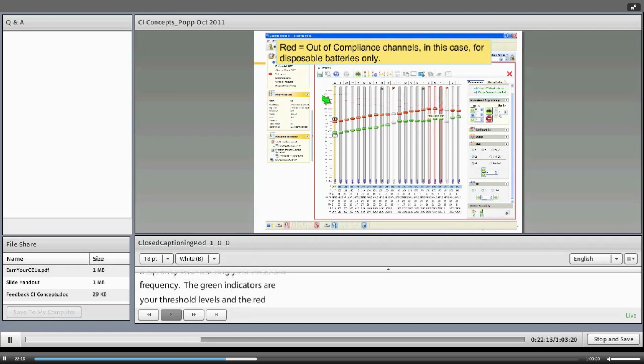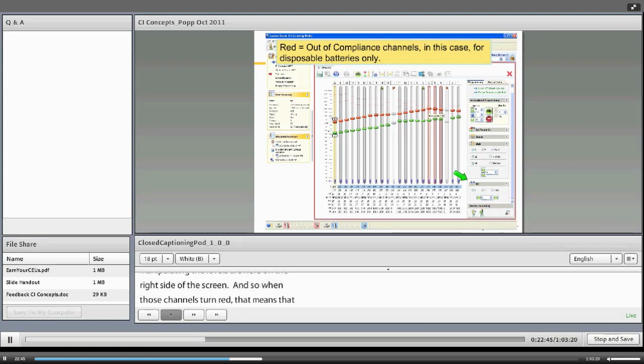The green indicators are your threshold levels, and the red indicators are your comfort levels. There are a number of details about the map shown on the far left side of the screen, and all of the controls for presenting the tones and manipulating the levels are here on the right side of the screen.